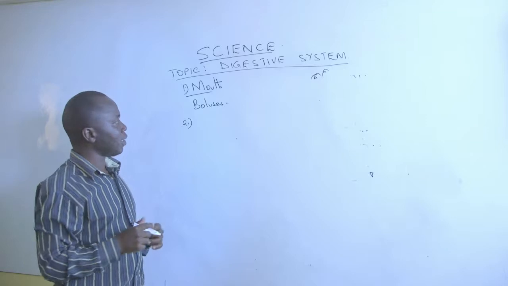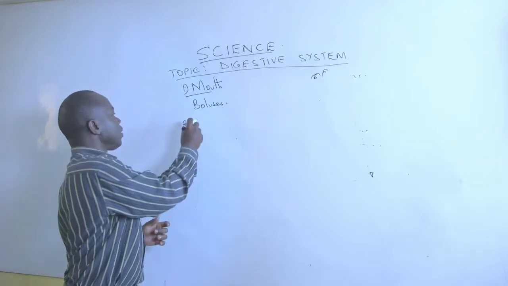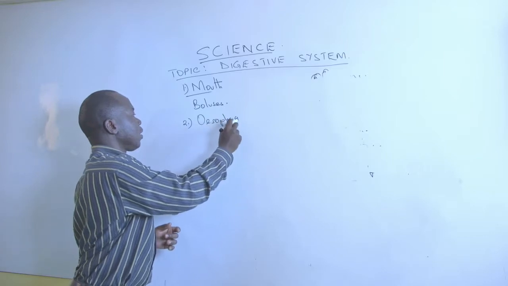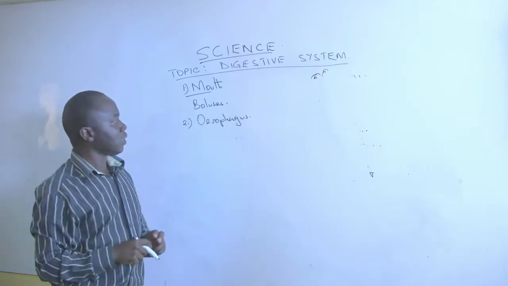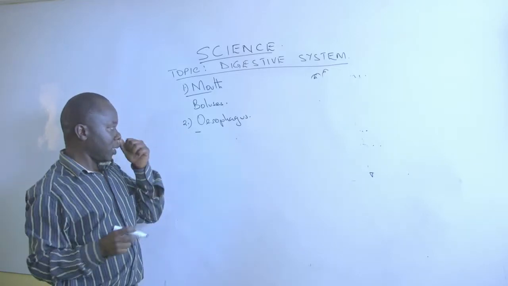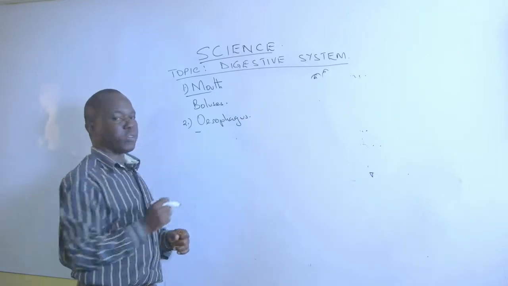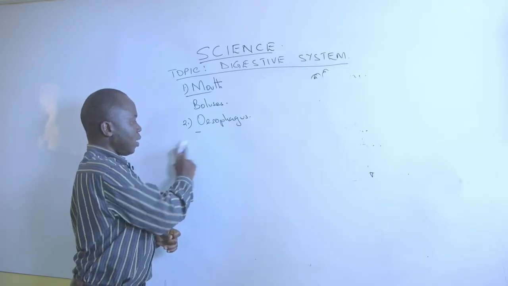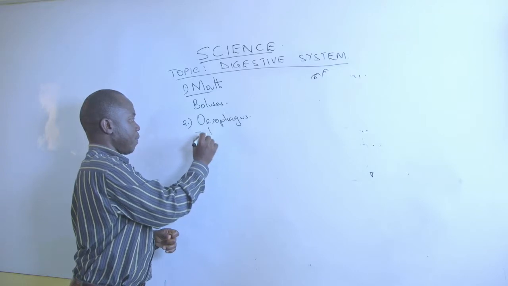So where does peristalsis take place to allow swallowing? It takes place in our esophagus. So the role of our esophagus is to allow movement of food from the mouth to the stomach.